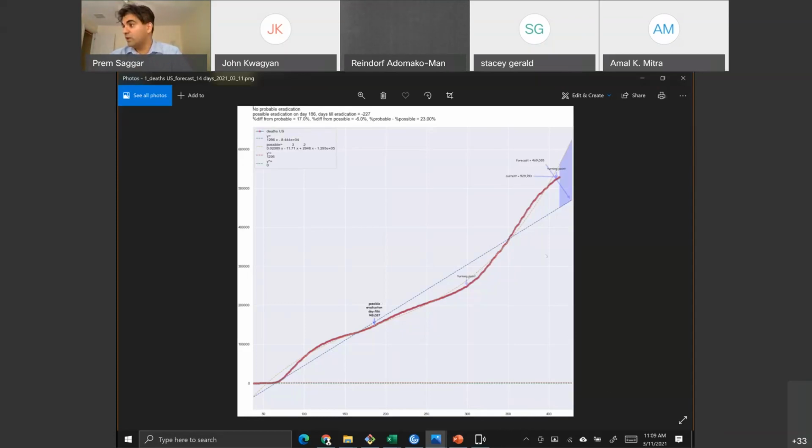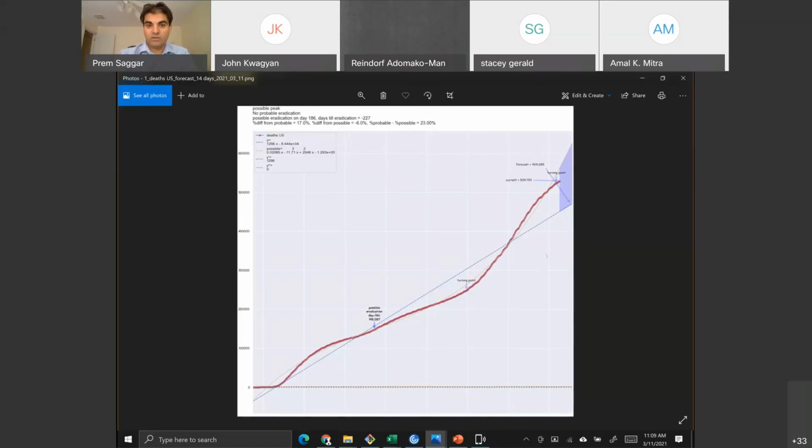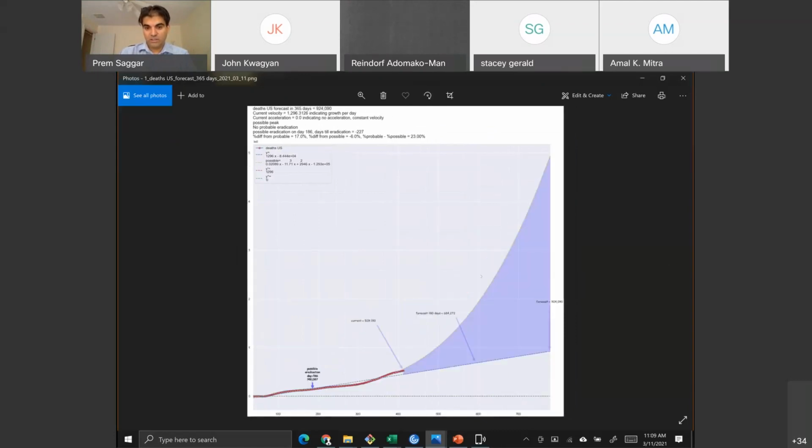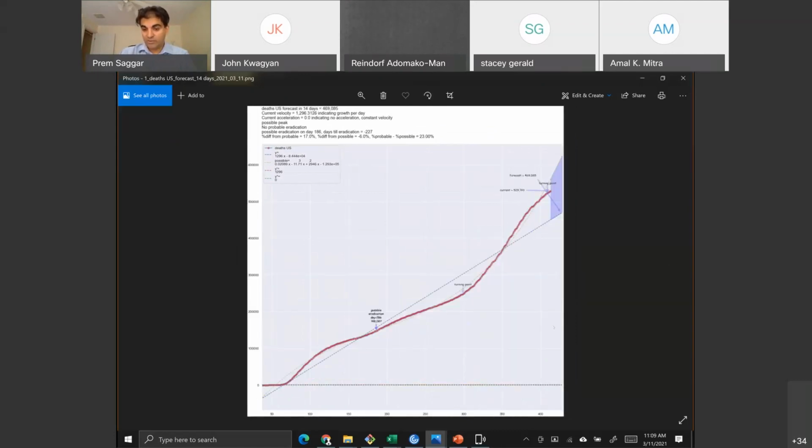Because it's cumulative. Whereas deaths per day, let me see if I can annotate here. Right, so, let me make this smaller. Deaths per day will eventually drop, right? But deaths cumulative will not go to zero, but it will flatten out, okay?